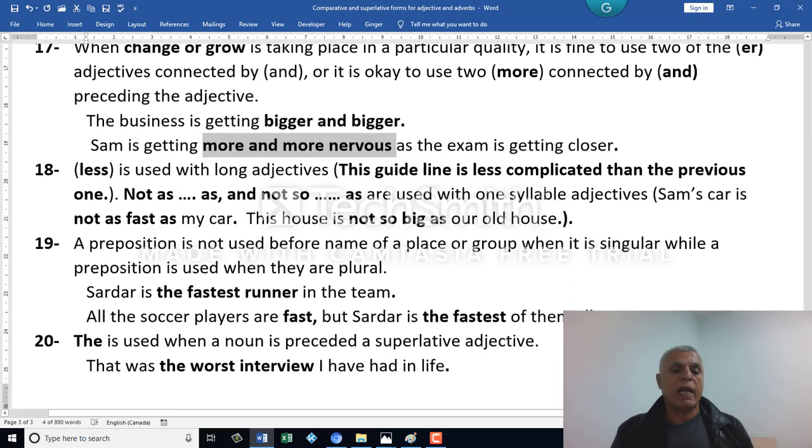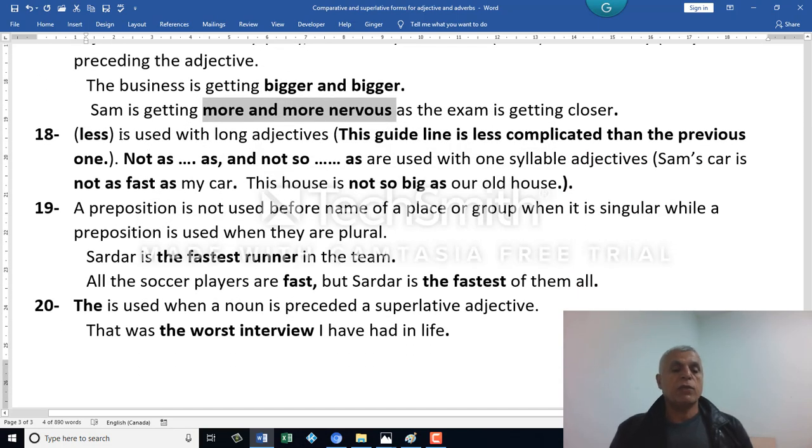Sometimes we use less. It's used with long adjectives. For example, this guideline is less complicated than the previous one. Sometimes we add this. Not as, for example, put the adjective here, as. Or not so, for example, put the adjective then as.